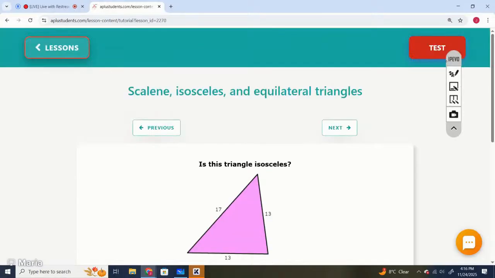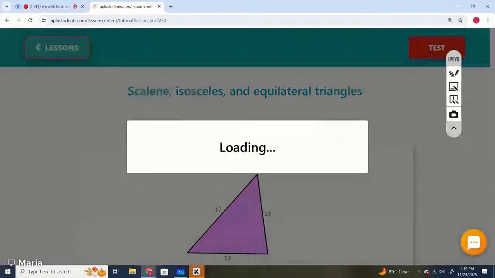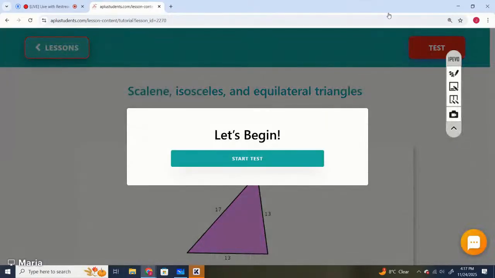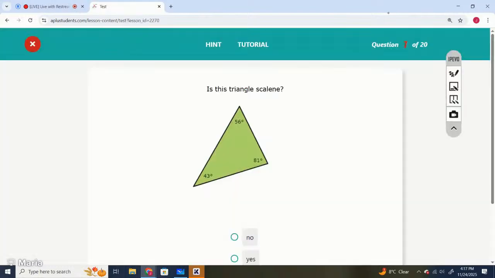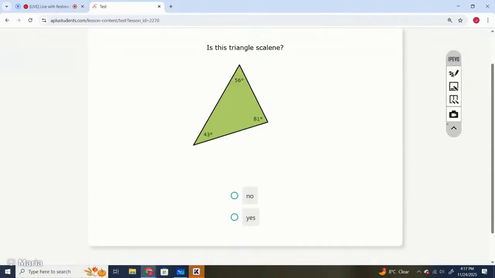Okay, let's just start with the test questions. Is this triangle scalene? The triangle has all three sides different in measurement. So that is the scalene triangle.